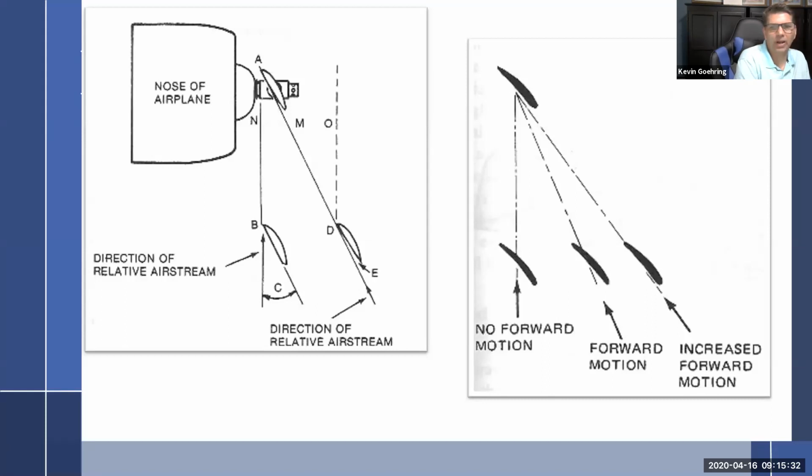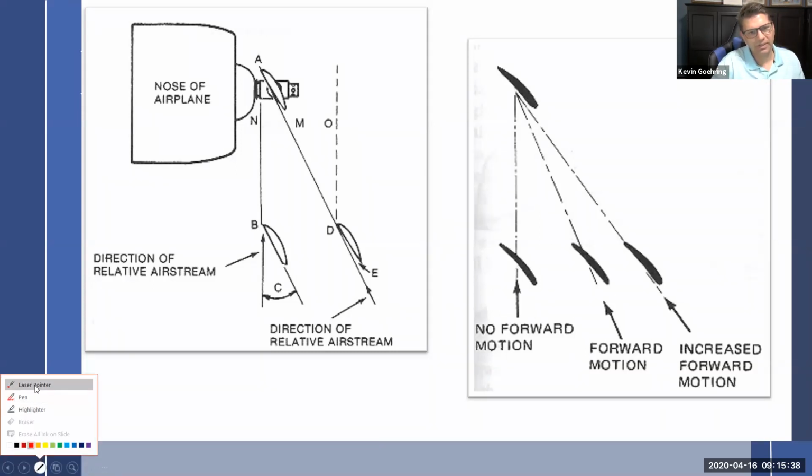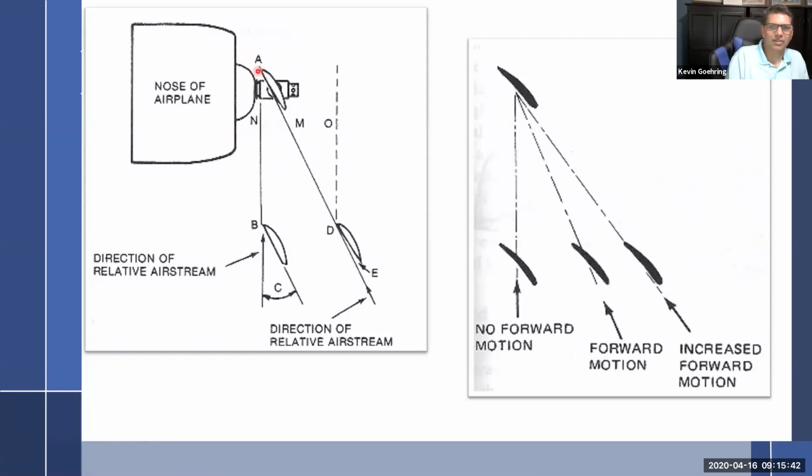So on the ground, the propeller moves from A to B. All right, let me get my laser pointer. Last class, I had a guy, Steven, sat in the back and couldn't see it if I used it. So the blade moves from A to B, and the angle of attack is very inefficient. In flight, aircraft moves from N to O, moving forward, and that much.